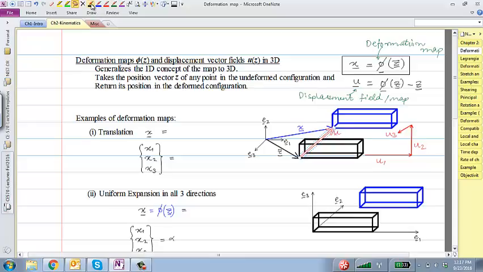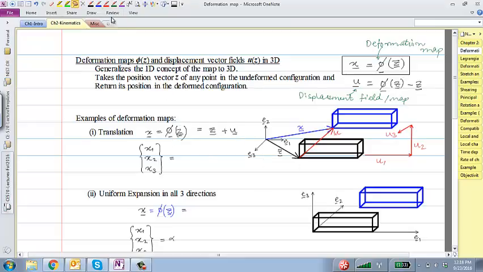So we can write this simply as x is equal to z plus u, which is basically the function. So maybe I should have written it in this way. I'll move this to the side a little bit. We are saying that x is defined by a deformation map phi, where phi is equal to z plus u.